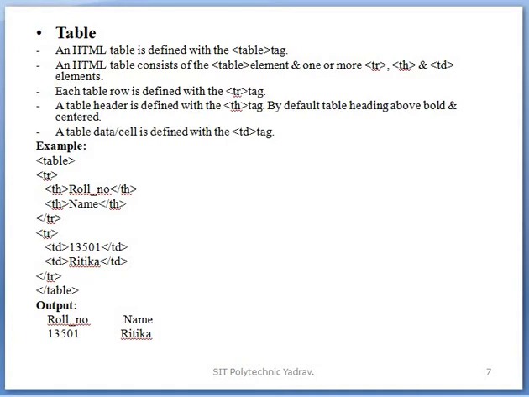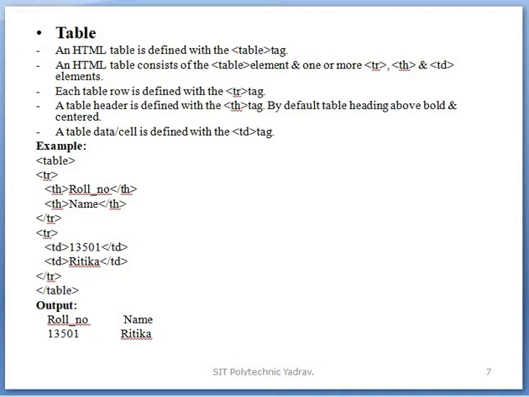An HTML table is defined with the table tag. Table means, you know, if you want to create a table in your web page, that time you use this concept. An HTML table consists of the table element and one or more tr, th and td elements.